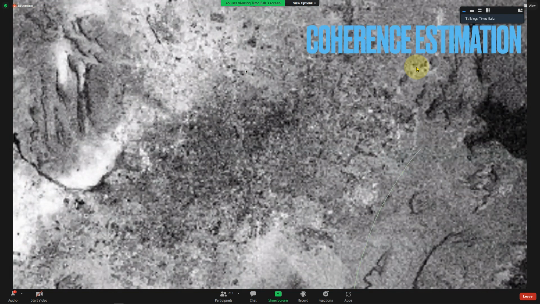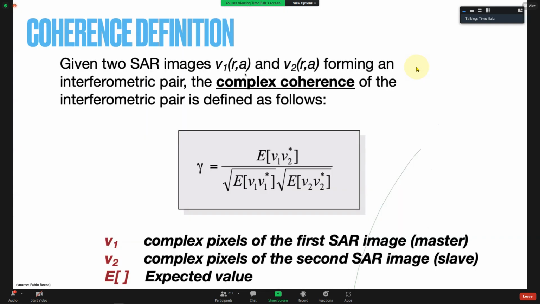And last time we were talking about the coherence estimation. We looked at how we estimate the coherence, calculating it. So basically, we include here the phase and phase differences.